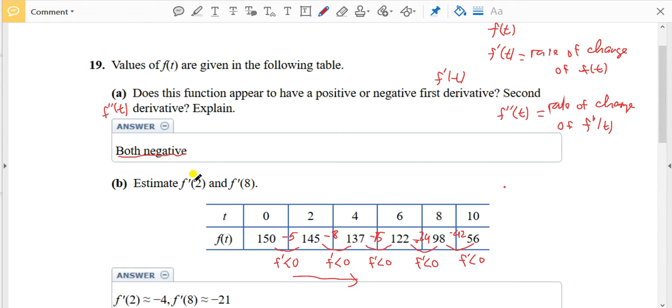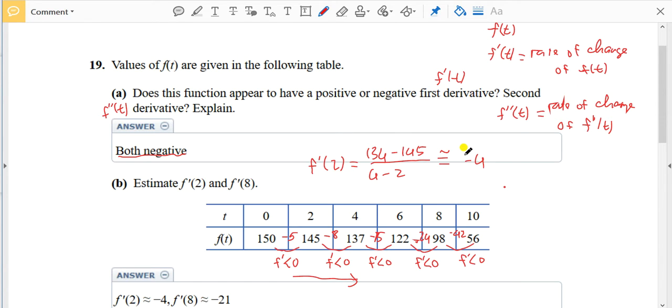Now, how do I find f prime of 2 and f prime of 8? Again, this is just the slope formula, and we can use it to estimate f prime of 2. I take 2 and the next point here. So I take 137 and 145 over the change in t, or 4 subtract 2, and that should give me around minus 4.